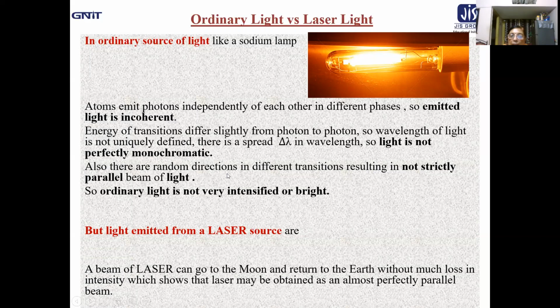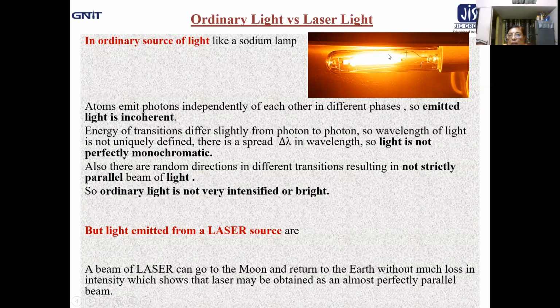Also, there are random directions in different transitions, resulting in a beam of light that is not strictly parallel. That means the random directions of transitions for the emission of photons make the light beams not strictly parallel or directional. So ordinary light is not very intensified or bright.